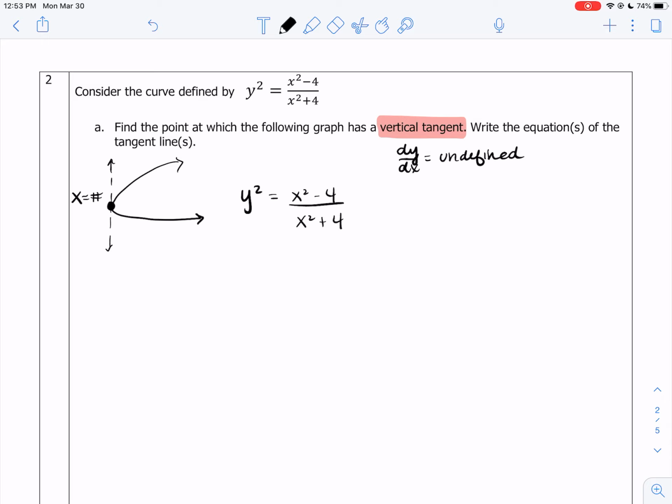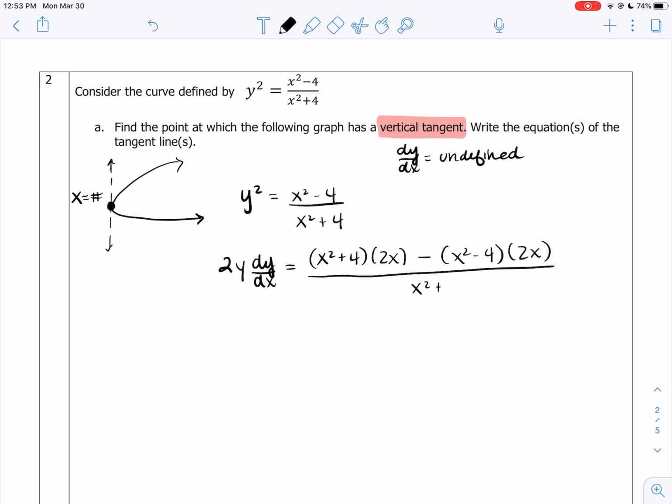We have to use implicit differentiation starting with 2y. Don't forget your chain rule on the y, so dy dx is equal to, on the right-hand side though, we're going to have a quotient rule. So we have the low times derivative of the high minus high times derivative of the low, all over low squared.